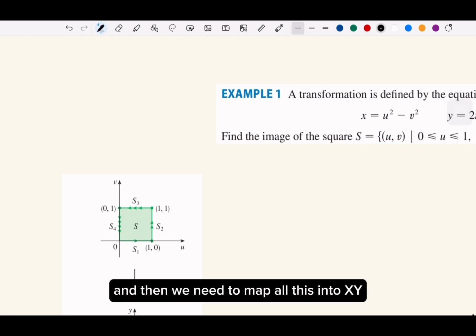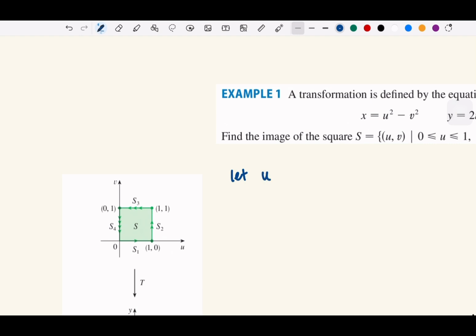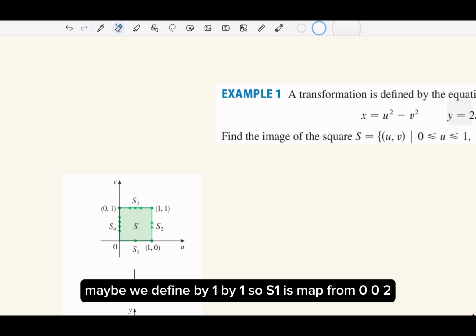And then we need to map all of this into xy. Maybe we define them one by one.